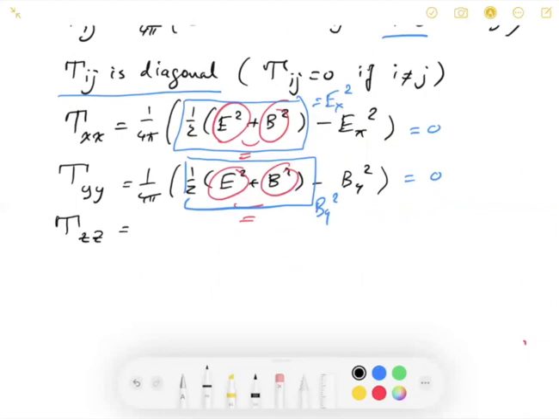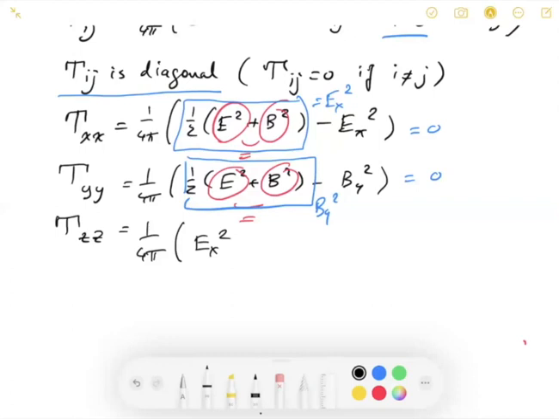Okay, so the last one is the z one, which is just going to be E_x squared, because there's no longer that subtraction of the E_x squared or the B_y squared that could happen, and therefore you just get the E_x squared.